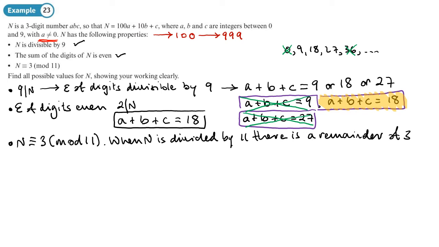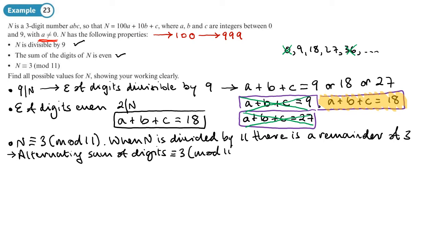Now for things that can be divided by 11, we've already shown that the alternating sum of numbers that can be divided by 11 is 0. If there's going to be a remainder of 3 when a number is being divided by 11, it means that the alternating sum of the digits is equal to, or is congruent to 3 under mod 11.